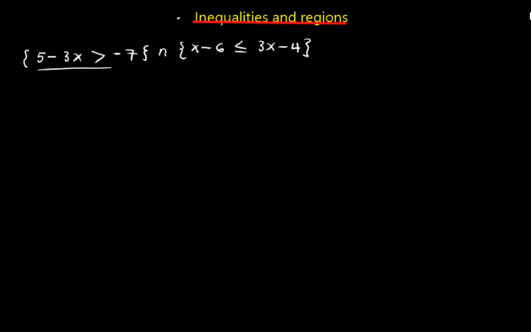And we shall say 5 minus 3x is greater than negative 7. So we collect like terms. What does that mean? We are going to carry 5 to the right. And that is negative 3x is greater than negative 7 minus what? 5. Implying that negative 3x is greater than, what is negative 7 minus 5?